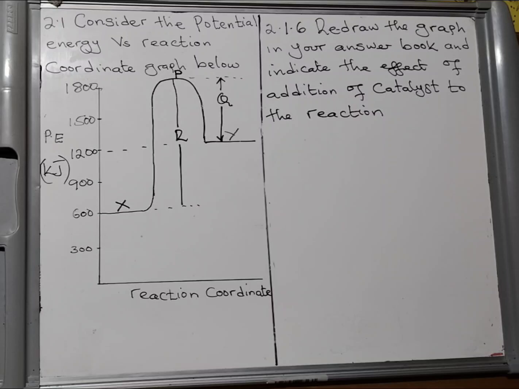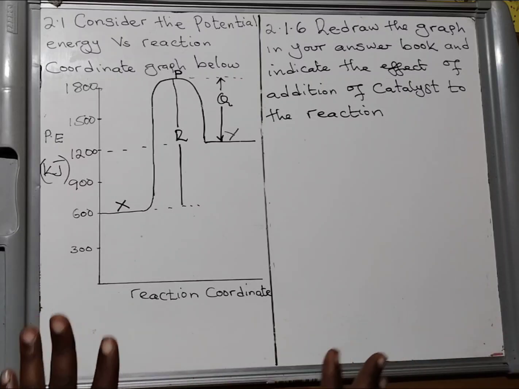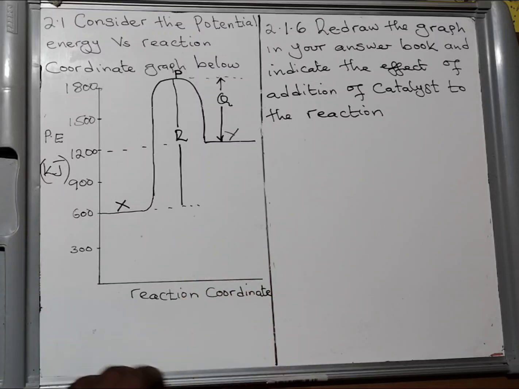It says, redraw the graph in your answer book and indicate the effect of addition of catalyst to the reaction. You're supposed to draw this one and then indicate.